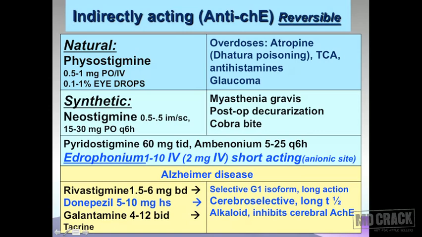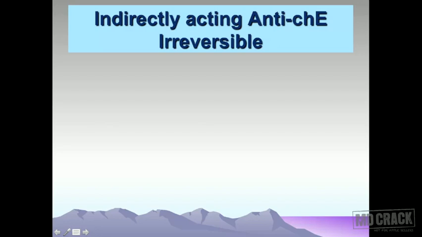The next one is donepezil, which is the most preferred agent, is cerebroselective, has got minimal peripheral adverse effects and has got a long half-life. The third one is galantamine, which is an alkaloid and it also inhibits the cerebral acetylcholinesterase enzyme. The last one shown, tacrine, is not preferred nowadays.